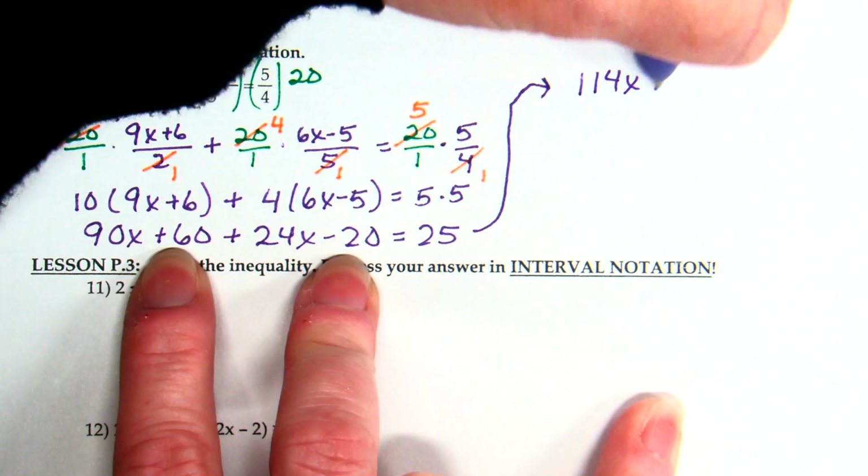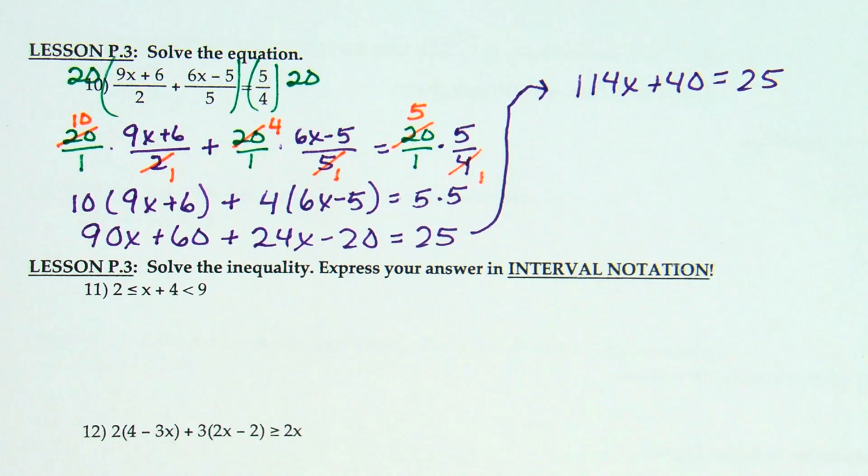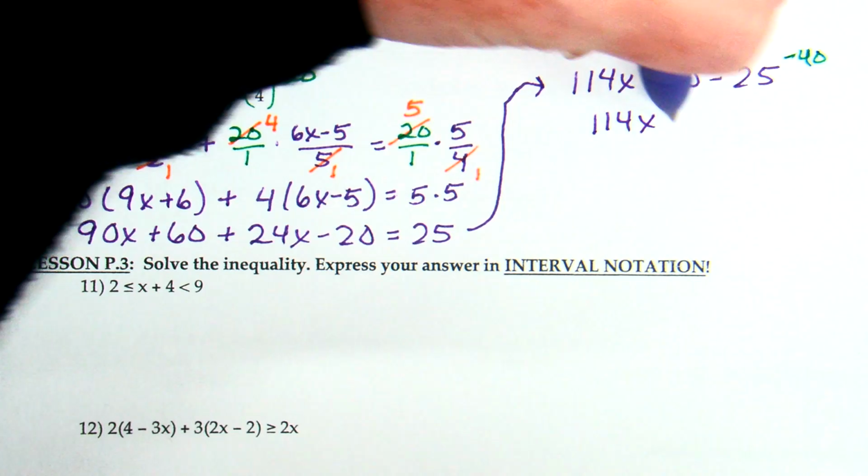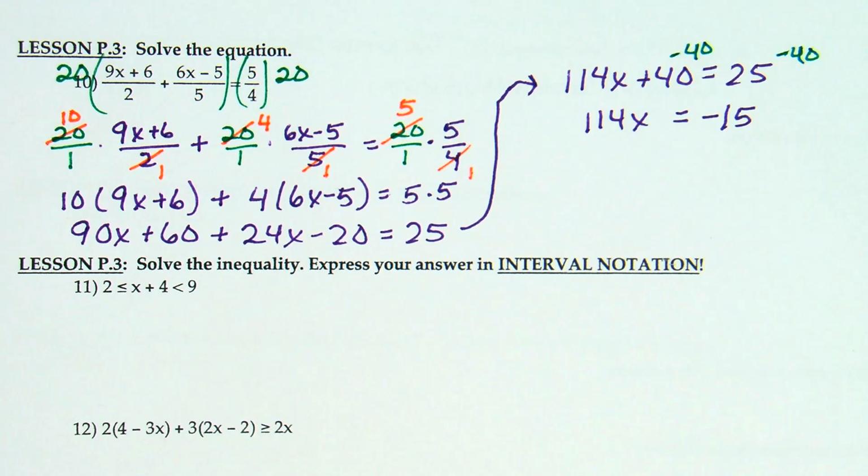If it's 114x plus 40, I'm going to subtract 40. 114x equals negative 15. It's 114 times x. Divide by 114, and x is, I would say, negative 15 over 114.